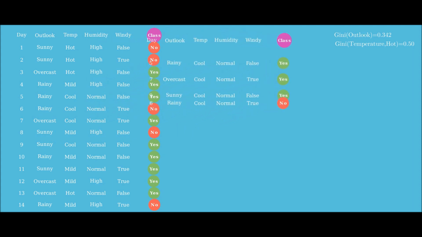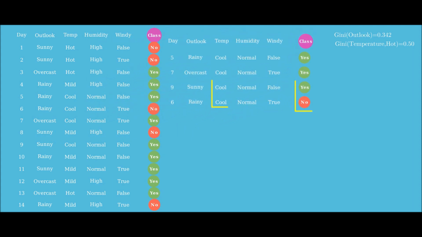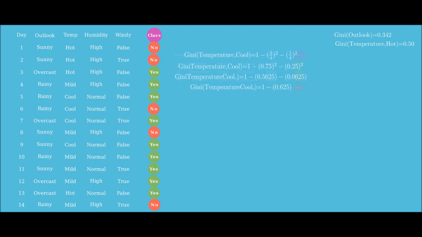There are 3 yes classes and 1 no class, so Gini index would be 1 minus 3 upon 4 square minus 1 upon 4 square, which would be equal to 0.375.